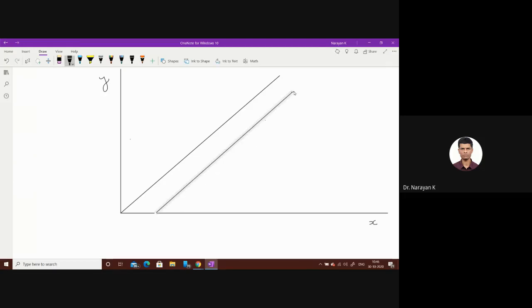Please draw parallel lines like this. Are all of you able to see the board? Yes, sir. Okay, very good.